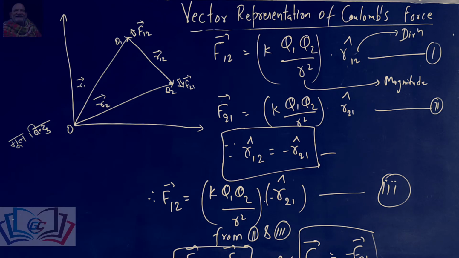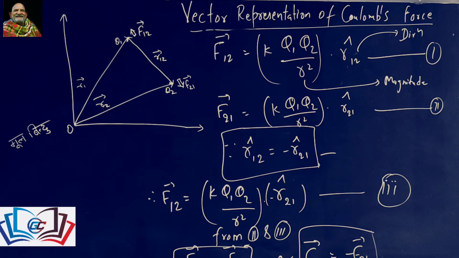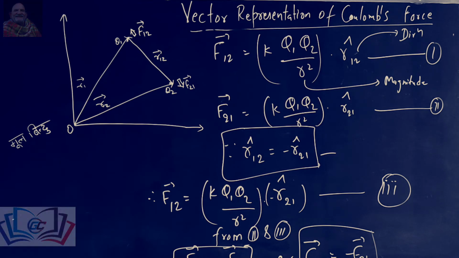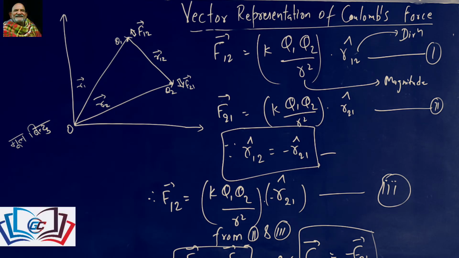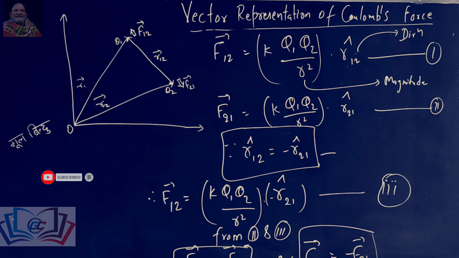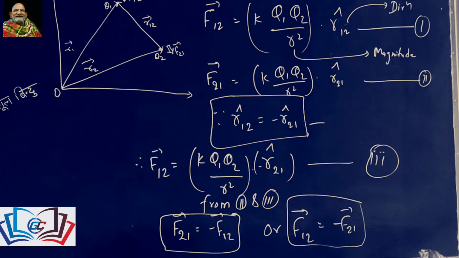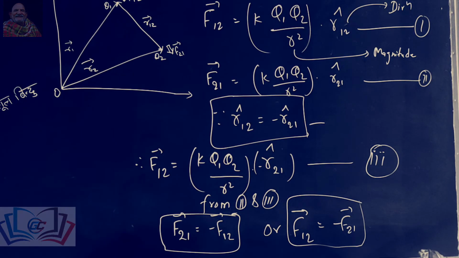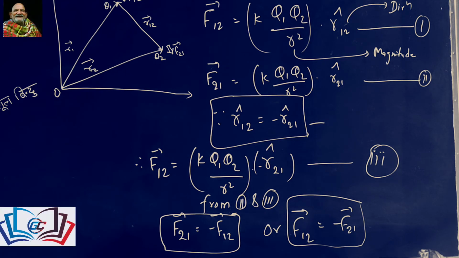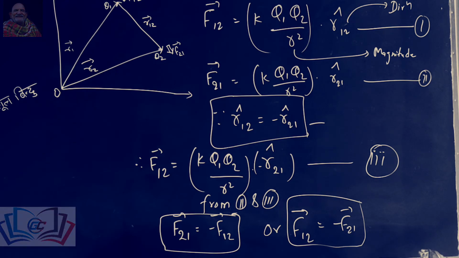We put the r12 value in the first equation, so we get a new equation: F12 is equal to k q1 q2 by r square into minus r21 cap. Now consider it as the third equation. Now from equations 2 and 3, F21 is equal to minus F12, or F12 is equal to minus F21.